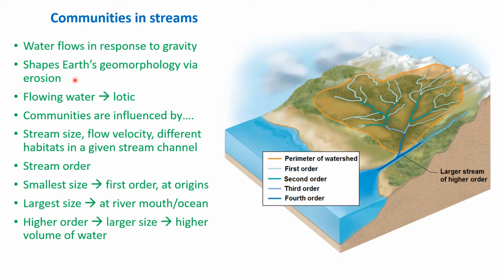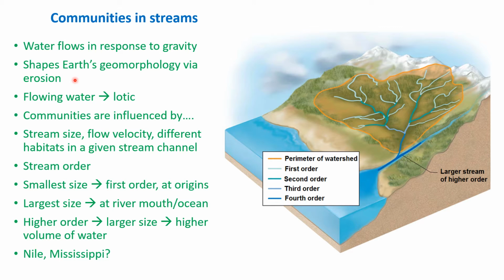So the higher the order of a stream, the size or the width of the stream is also larger, and the volume of water it carries is also greater. Just to get an idea about the possible stream order variation, let's take a couple of examples of the well-known largest rivers in the world.